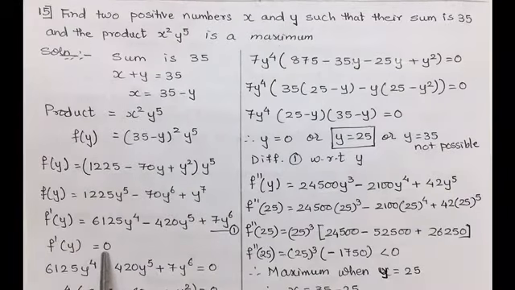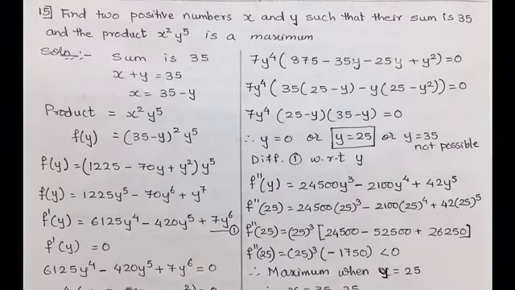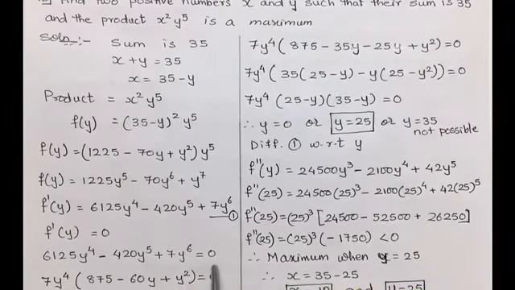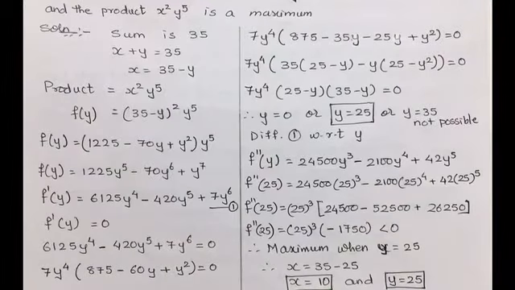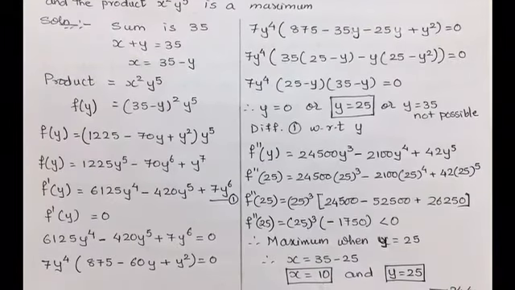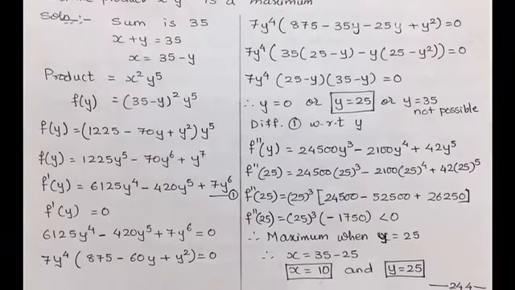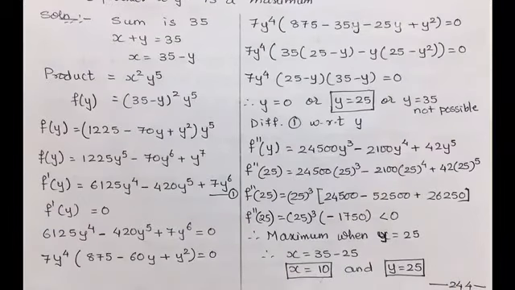To calculate the value of y, the first derivative is equated to 0. So the entire first derivative is being equated to 0. We get 6125 y raised to 4 minus 420 y raised to 5 plus 7 y raised to 6 equal to 0.